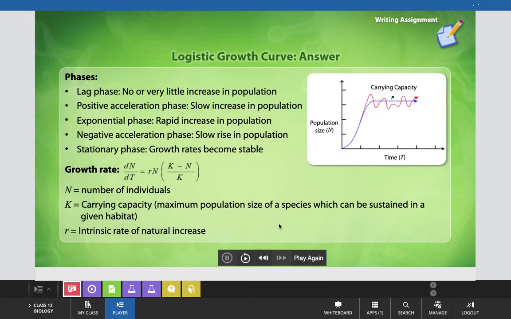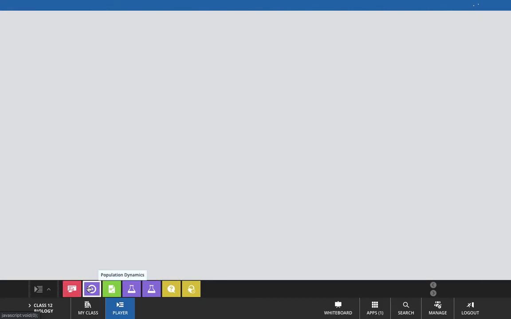Here is the answer for this. This graph or curve you have to explain in your answer on the logistic growth curve. Now, come to understand these facts related to population growth models and population attributes with the help of this presentation.